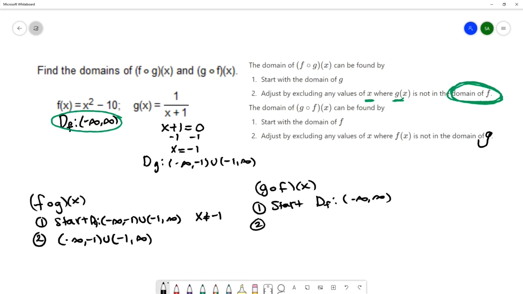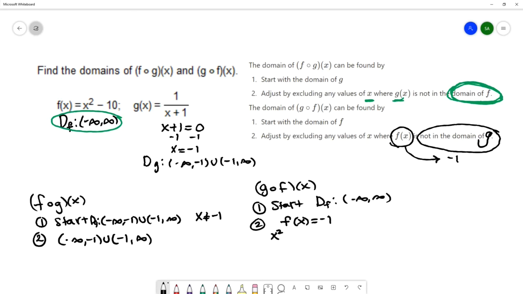So remember that we only had one value that is not in the domain of g, and that was negative 1. So we want to find where f of x is equal to that value. So we're going to solve the equation f of x equals negative 1.